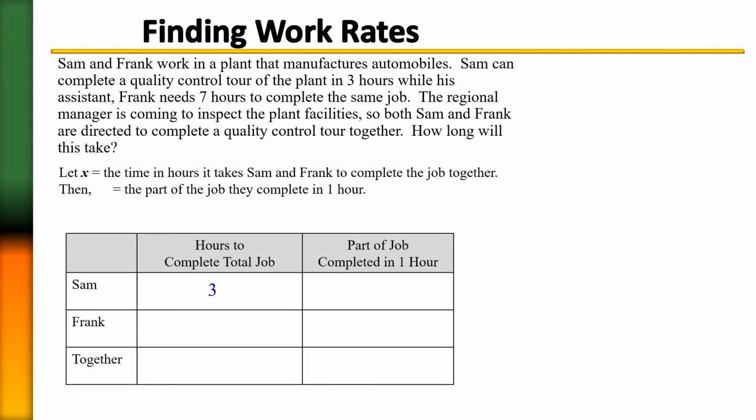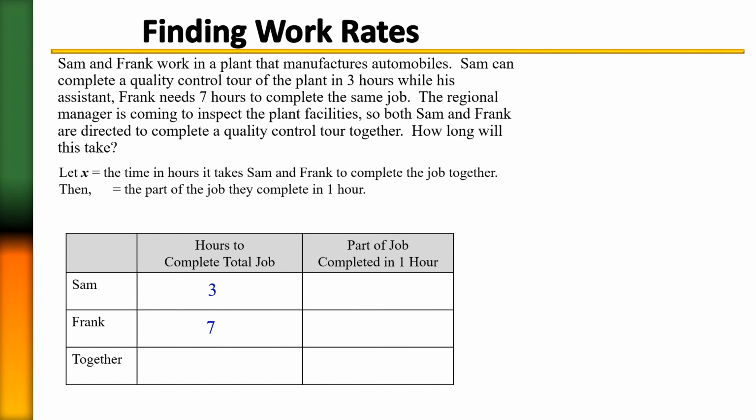So if we were to write that as a fraction, as far as the part of the job completed in an hour, it would be 1 over 3, 1/3. Frank does the job in 7 hours, so it's going to be 1 over 7.